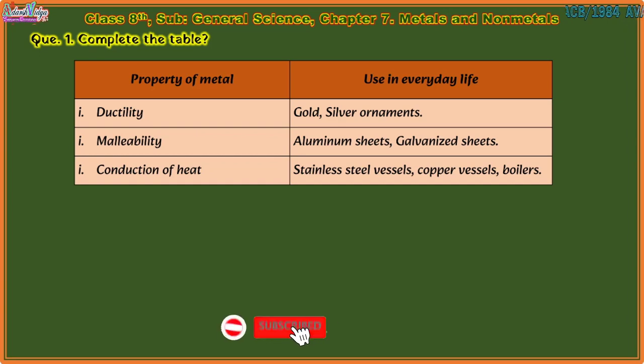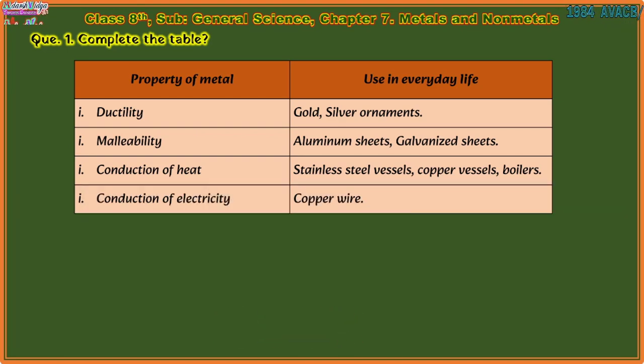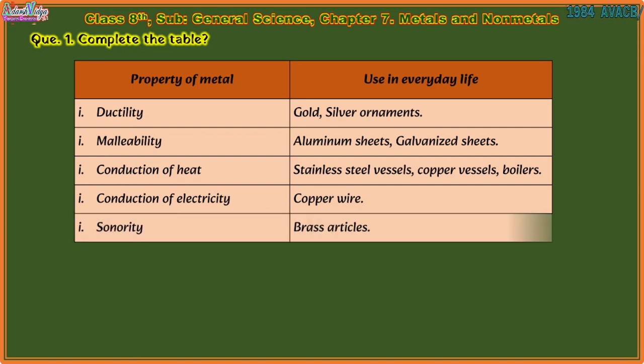Use in everyday life, stainless steel vessels, copper vessels, boilers. Property of metal, conduction of electricity. Use in everyday life, copper wire. Property of metal, sonority. Use in everyday life, brass articles.